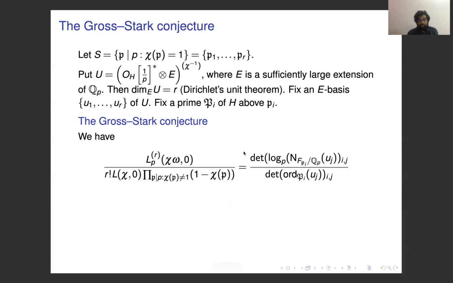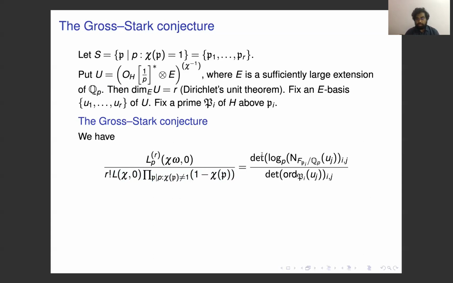Then this is the statement of the Gross-Stark conjecture: the rth derivative, suitably normalized, so I divide it by r factorial because I want the leading term. I have removed a lot of Euler factors, so maybe I put many of them back, all but whichever are non-zero. And I take the complex L-value of chi at s equal to 1.